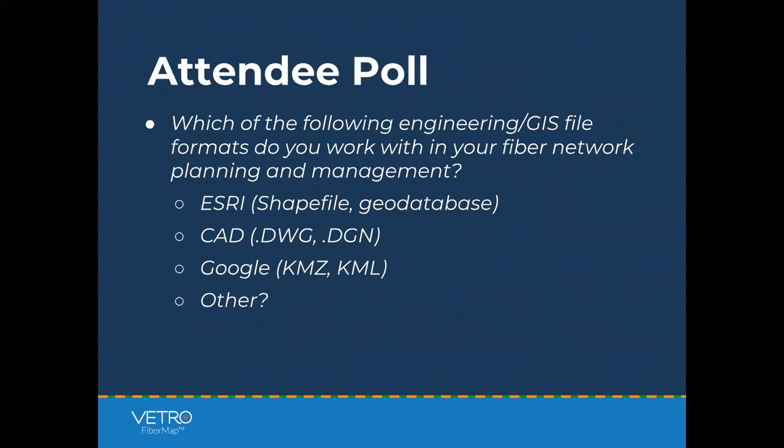You can multi-select or choose a single answer. If you do indicate other, please feel free to reach out via Q&A and let us know what the other format is that you're working with, and if you're interested in bringing other file formats into VETRO.